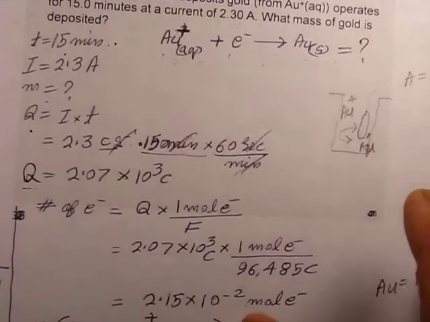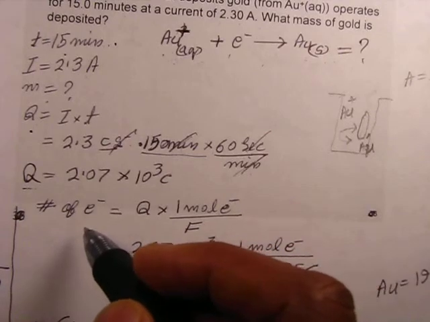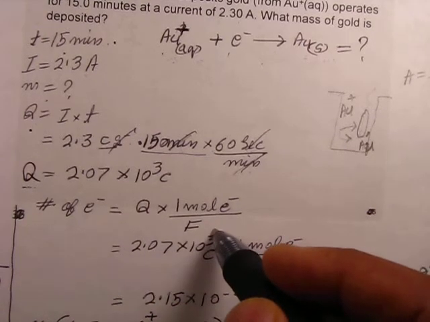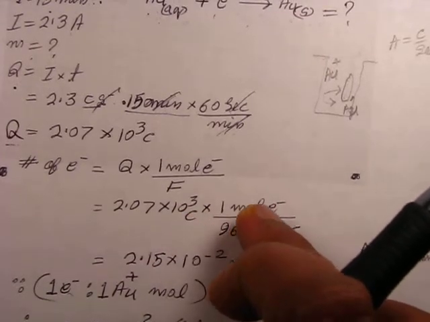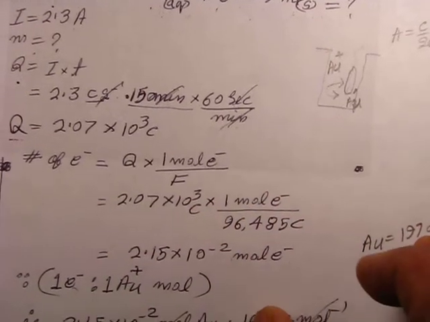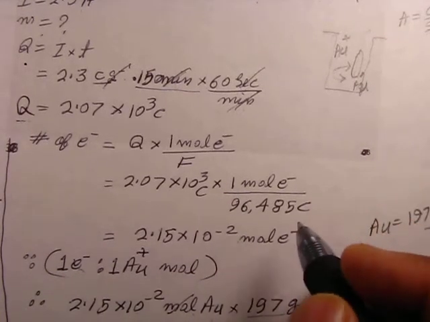Once we know the coulombs of charge, we find the moles of electrons by dividing by the Faraday constant. So 2.07 times 10 to the power 3 coulomb multiplied by 1 mole of electrons divided by 96,485 coulomb.